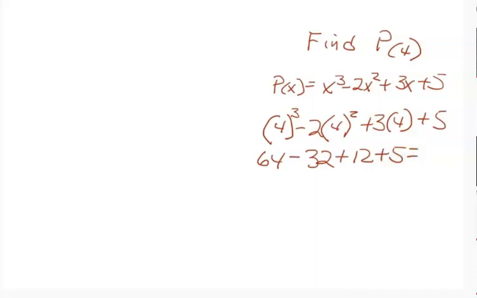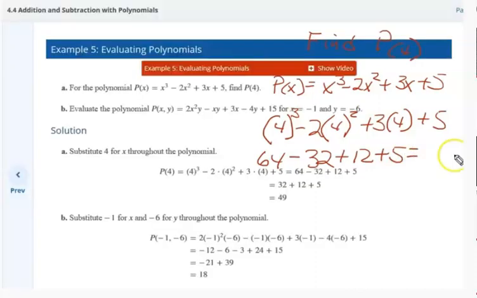Now when we add these all up, you're going to see down below here that it ends up being 49. And let's check that. So I took out my trusty calculator and I added 64, 12, and 5, got 81, and then subtracted 32 from it and got 49. All right, we'll do one more.